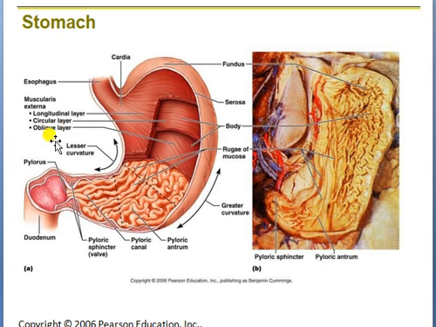The outer side is the greater curvature, and the inner is the lesser curvature. Okay, this is the pyloric antrum. So this is the structure. The remaining anatomy is similar to what we discussed before.